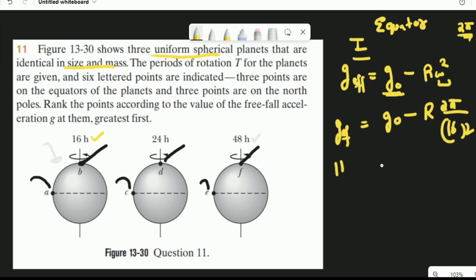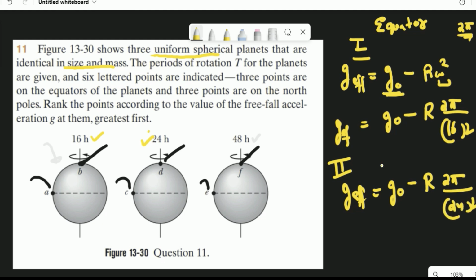For planet number 2, G effective is equal to G naught minus R, and now we know the time period, so G naught minus R times (2 pi divided by 24) whole square.